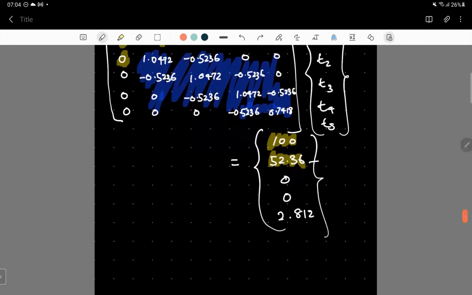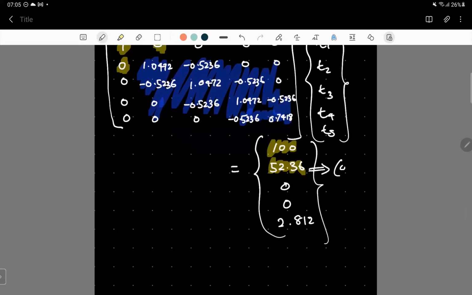You may wonder how we got this 52.36. It is nothing but what you get when you multiply minus 0.5236 by 100 Fahrenheit degrees. You would get minus 52.36 degrees.